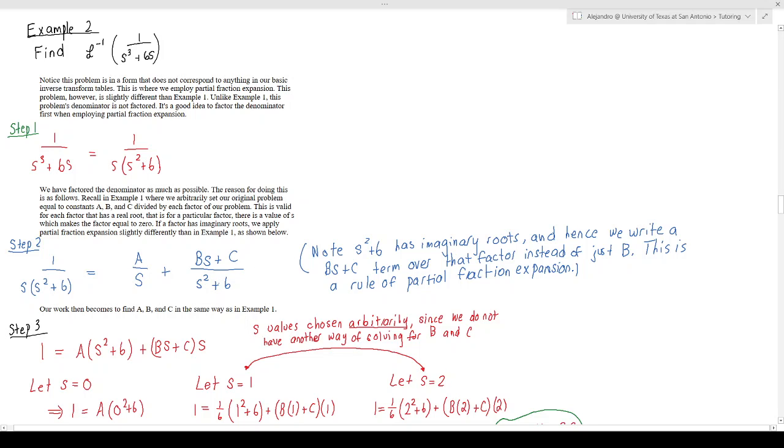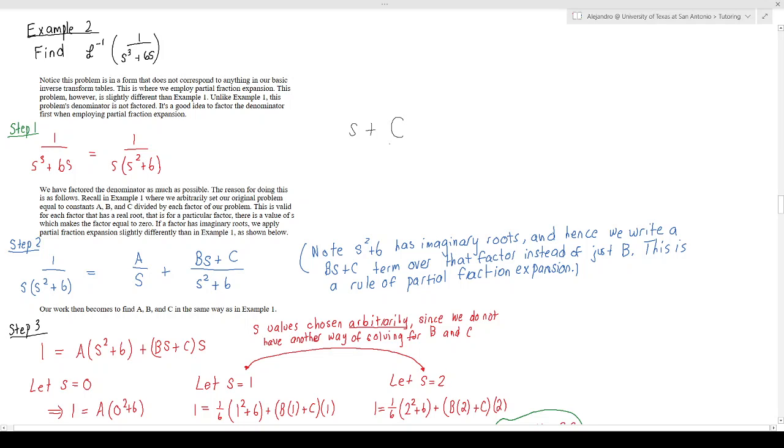But in fact, it depends on the nature of the factor. If we look at s squared plus 6, we have to check whether this factor has real roots. If it has imaginary roots, we're going to write a term bs plus c.